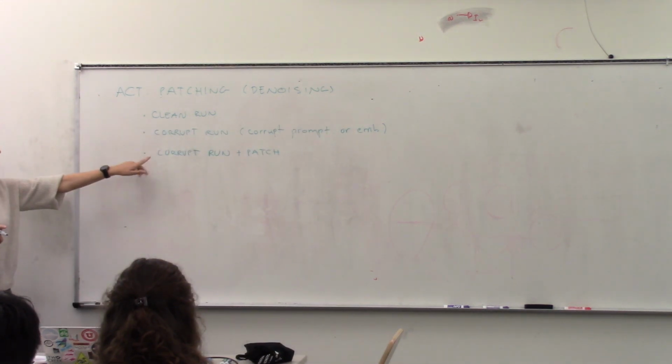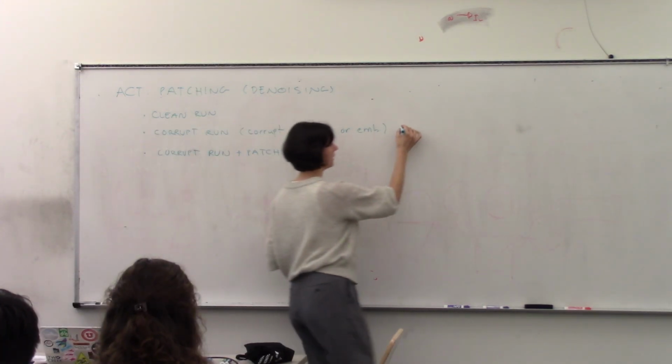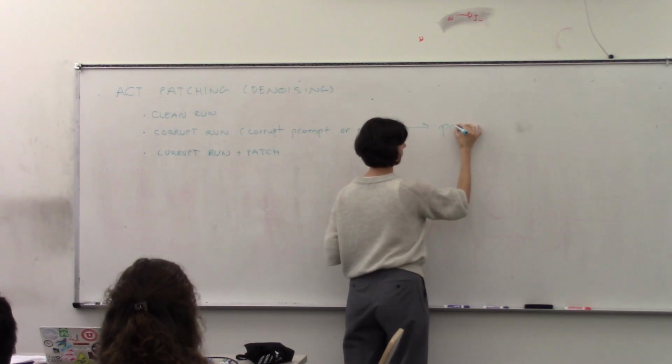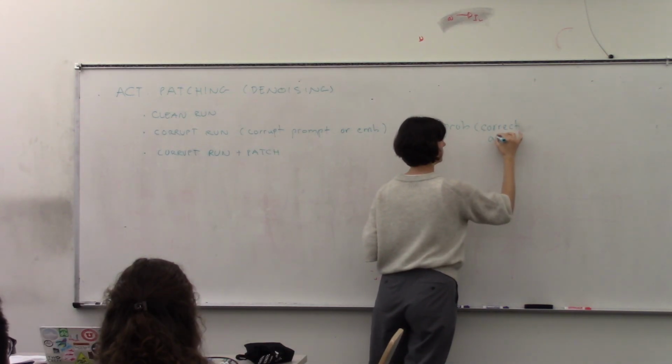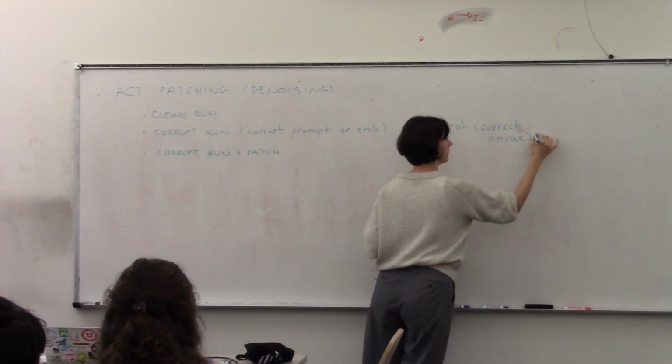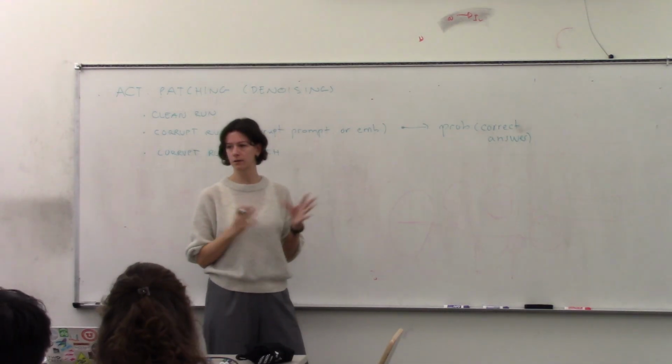Okay, so now we have patched it, and remember, in the corrupt run, is the probability of the correct answer low or high? Low, right, because we corrupted it.